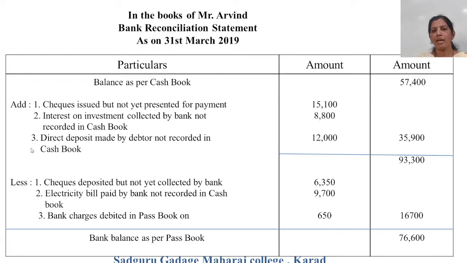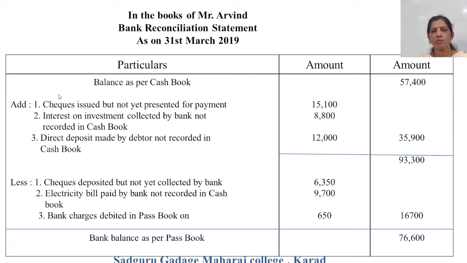Now here the balance of cash book is given. While solving the question, first of all prepare a specimen of bank reconciliation statement and note down the given balance. If balance as per cash book is given, then our answer is balance as per passbook.